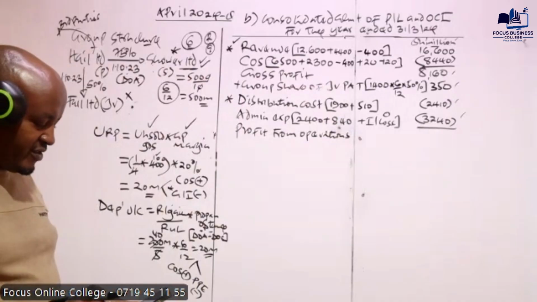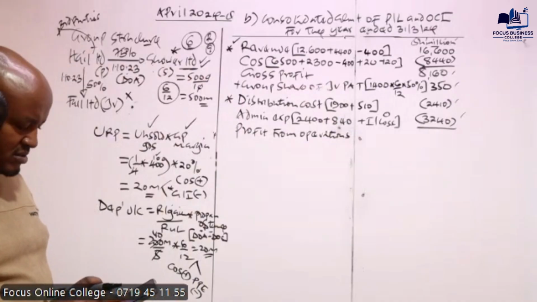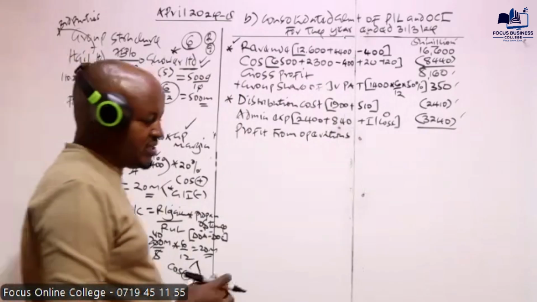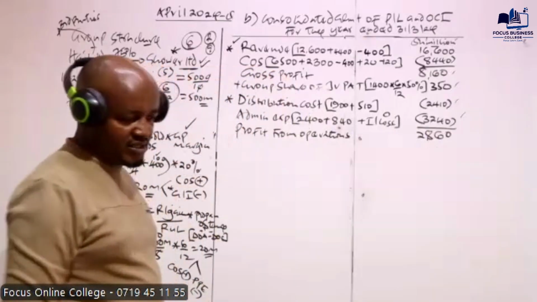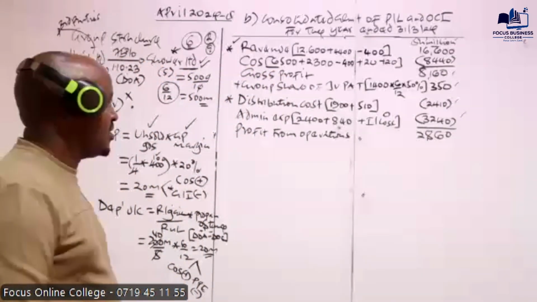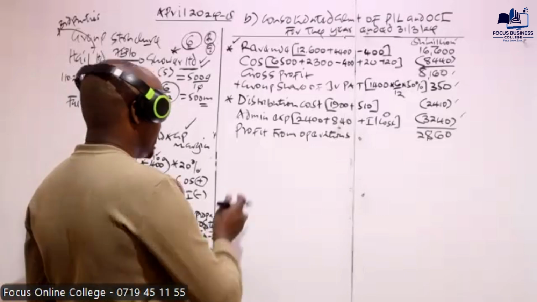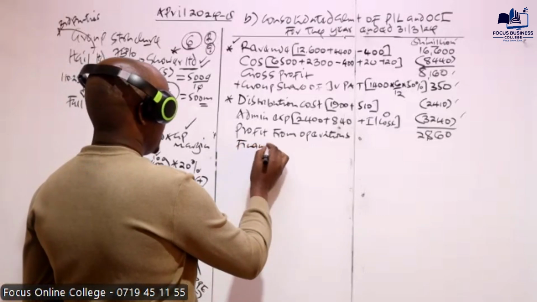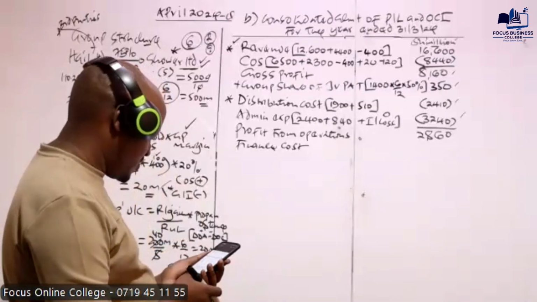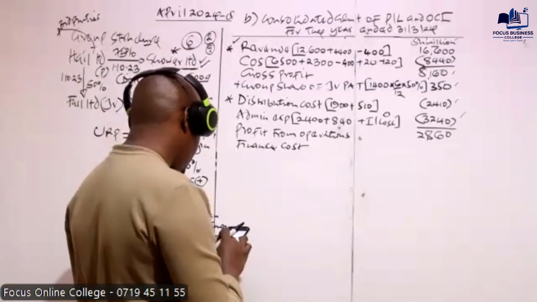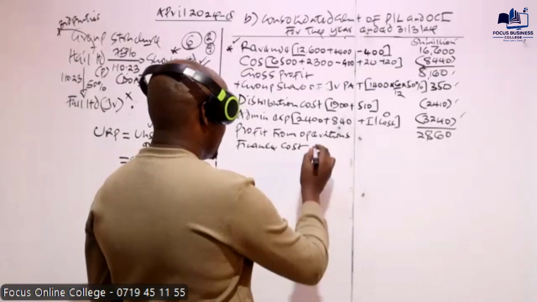I'm given a figure of 2860. Okay. Yes. Then to this, we proceed and basically we less the finance cost. Now for the finance cost, we take that of the parent, which is 200.